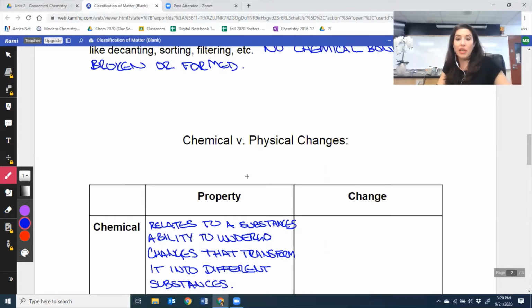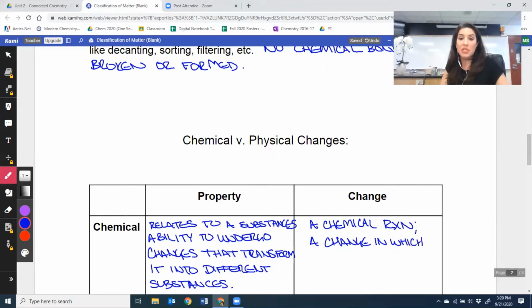So an example of a chemical change is a chemical reaction. Remember, we can abbreviate a reaction RXN. And this is a change in which one or more substances are converted into different substances.